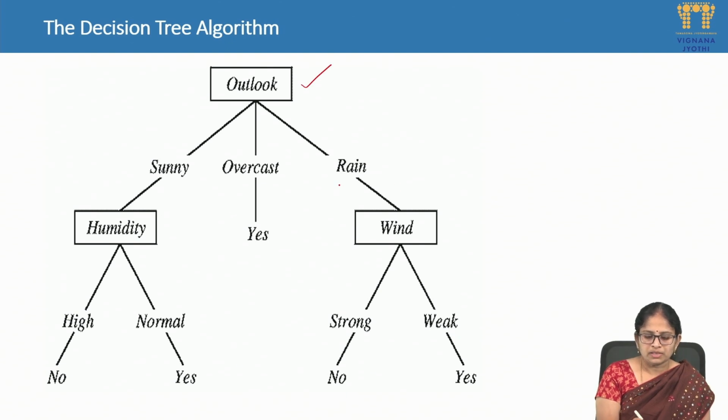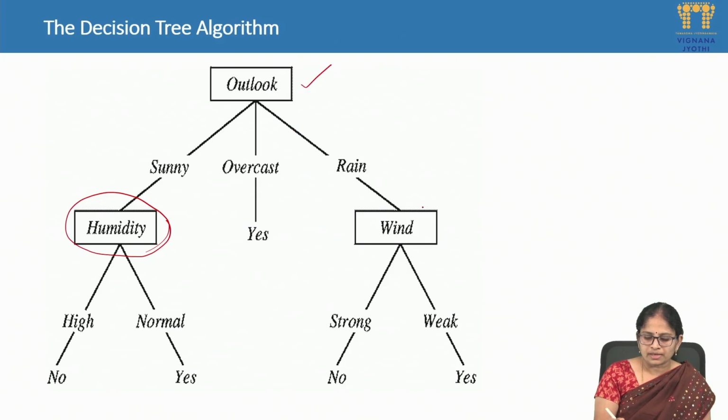Once this splitting is done, we further split the first subset by performing a test on some other attribute. Here the test is conducted on the humidity attribute. Based on the distinct humidity values, the data set is further split into smaller subsets. One branch will have the data set with the humidity value as high, and the other branch will have the data set with the humidity value as normal.